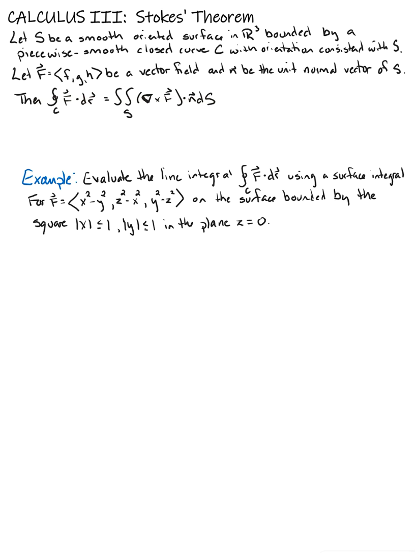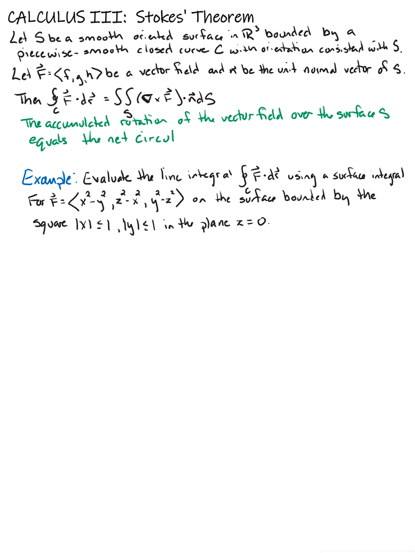We can interpret this by saying that the accumulated rotation of the vector field over the surface S equals the net circulation on the boundary of our surface.